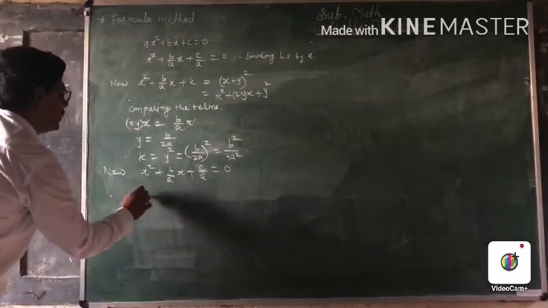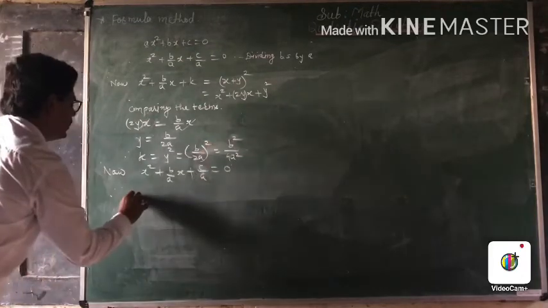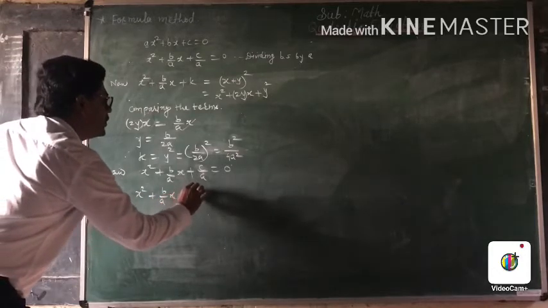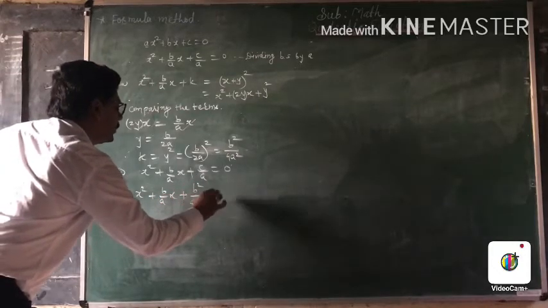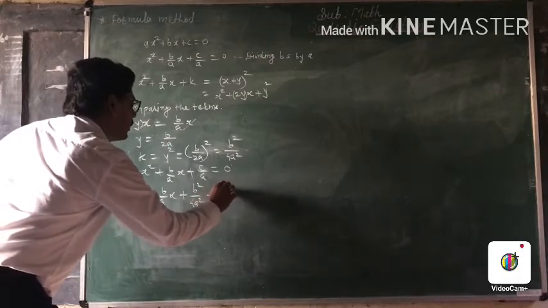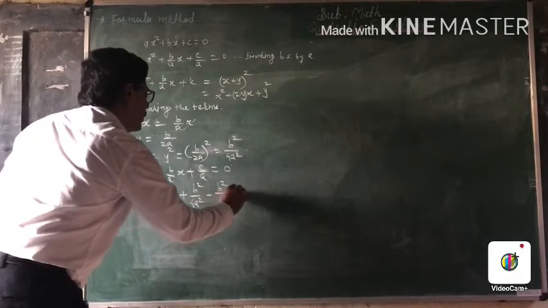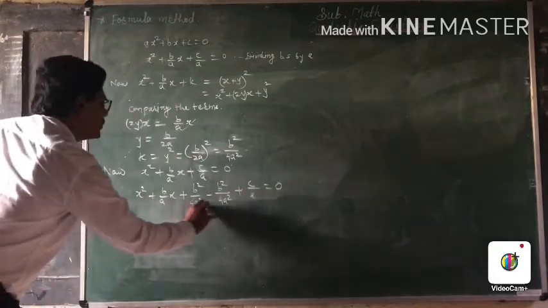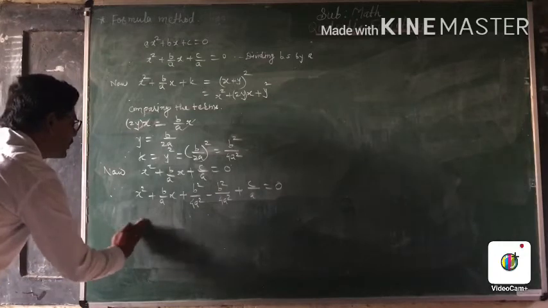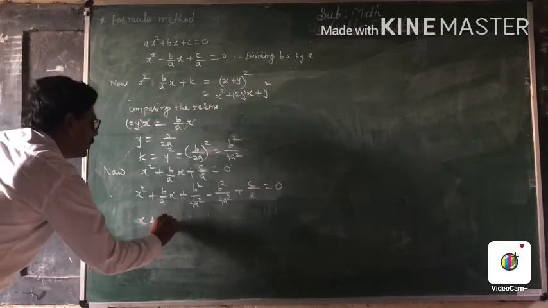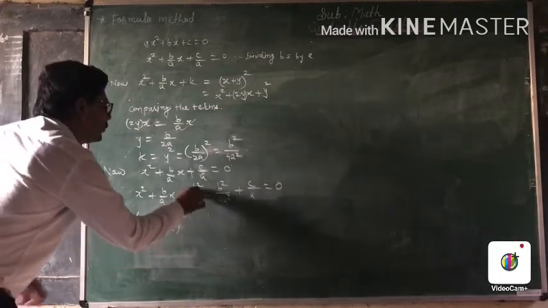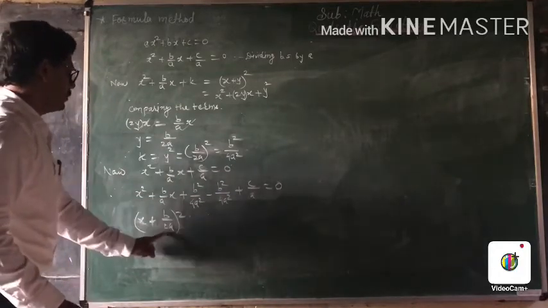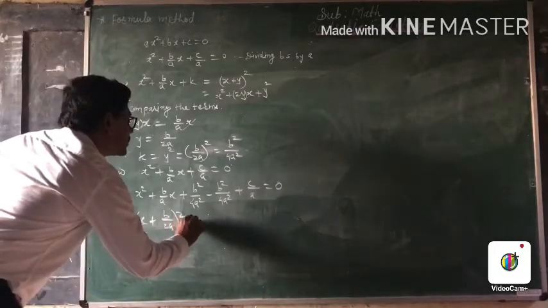In this equation, adding the third term here: x square plus b upon ax plus b square upon 4a square minus b square upon 4a square plus c upon a is equal to 0. Now, this one is the complete square of x plus b upon 2a. Square root of b square is b, and square root of 4a square is 2a.